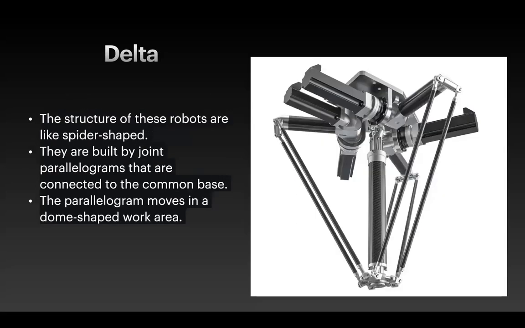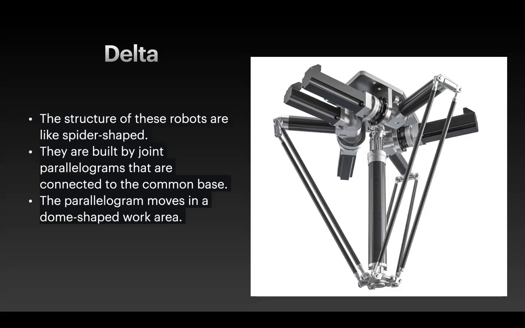And then we have this type of robot which we call Delta, right? So Delta consists of motors, right? So it has 3 motors, and it is also something like a robo arm, right?